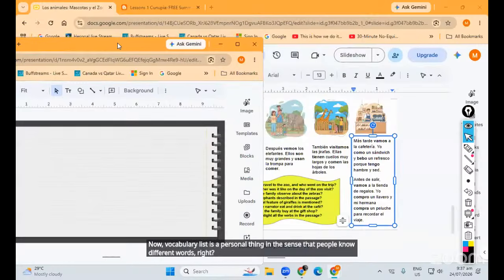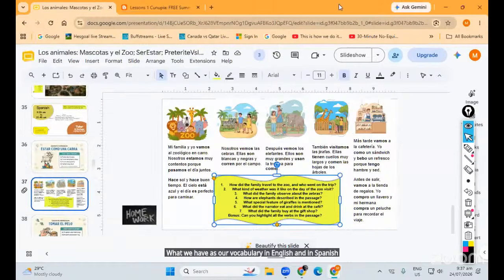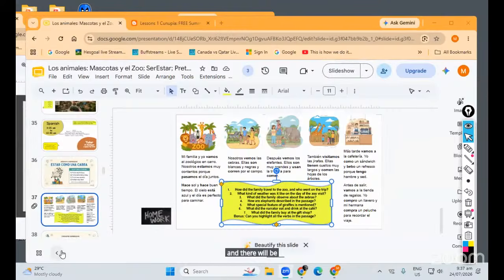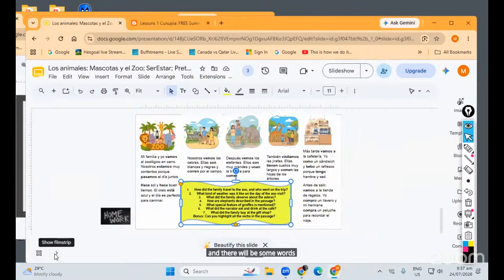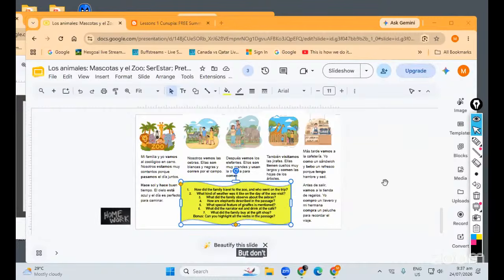What we have as our vocabulary in English and in Spanish is unique to us. So that said, there will be some words that you know, and there will be some words that you know that someone else doesn't, etc., right? So take down what is useful to you, but don't shortchange yourself.